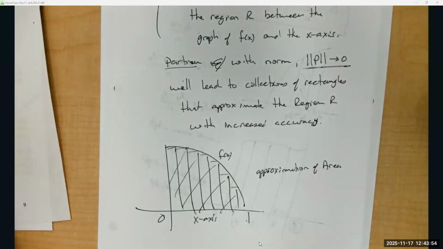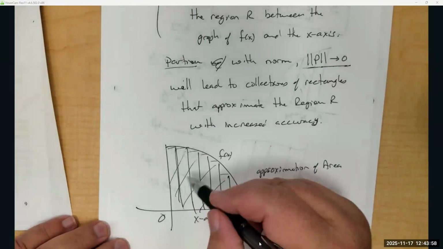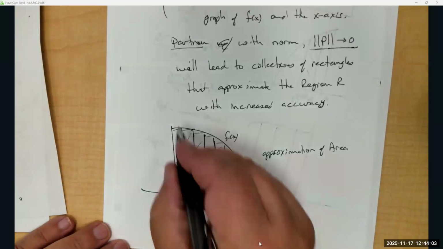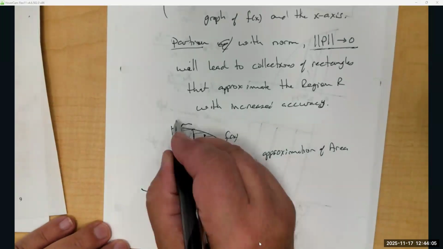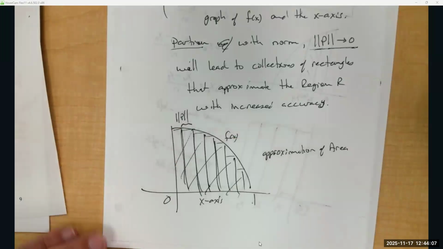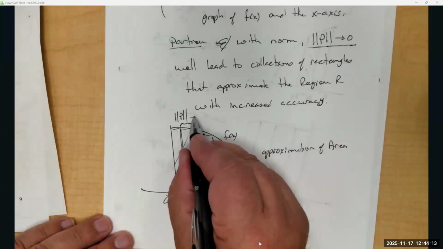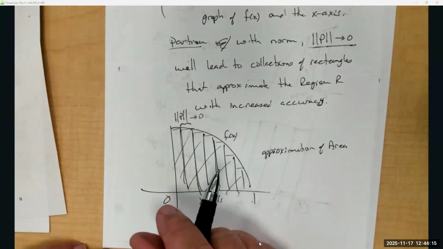It's a slice of the area. Yes, exactly right. So each one of these are partitions. The biggest one of these is the norm. Now, when the biggest one of them goes to 0, what happens to the smallest ones?